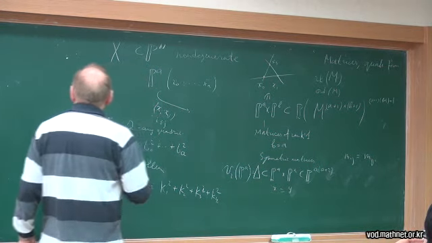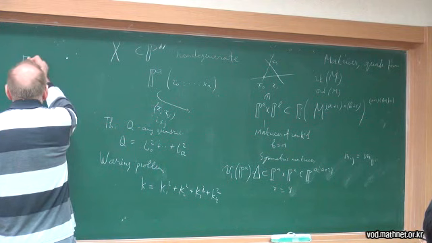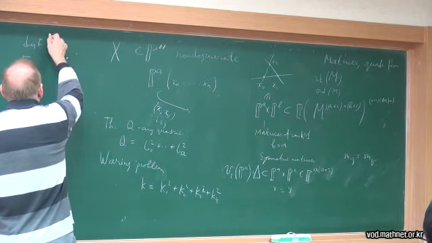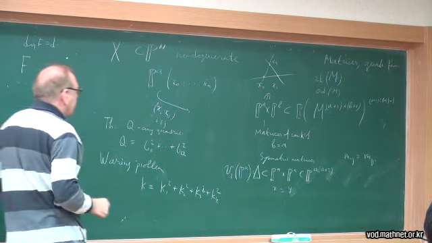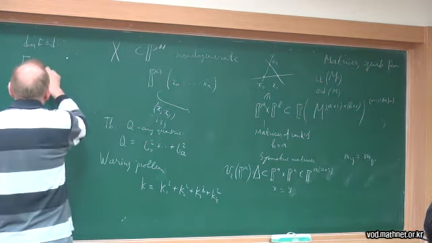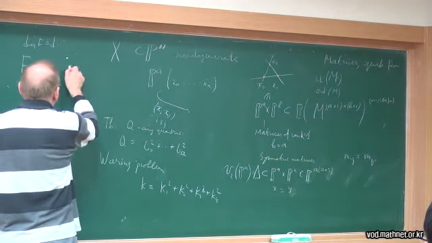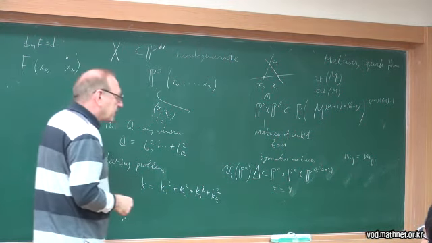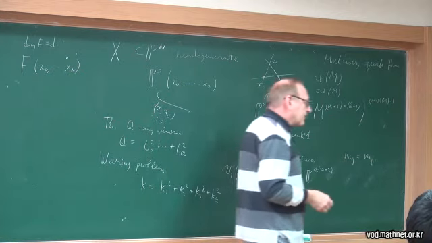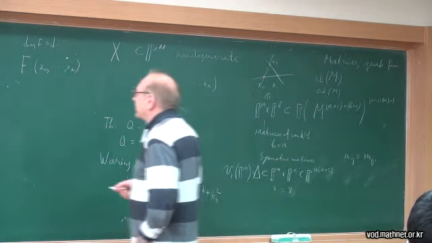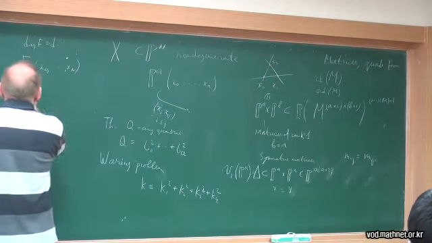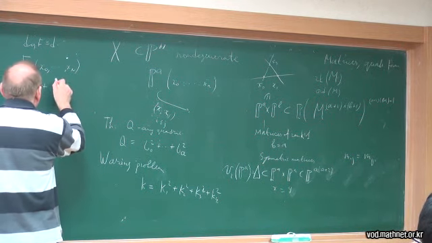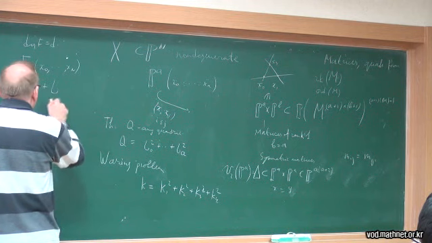So suppose we have a form of degree d in these variables, in our notation, and we would like to compute the number of linear forms needed.